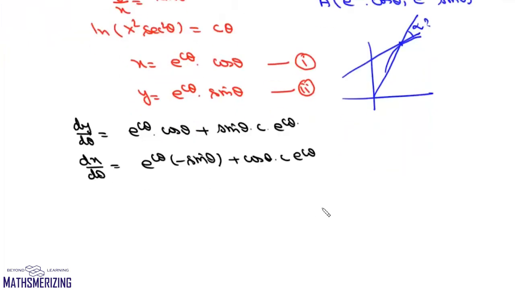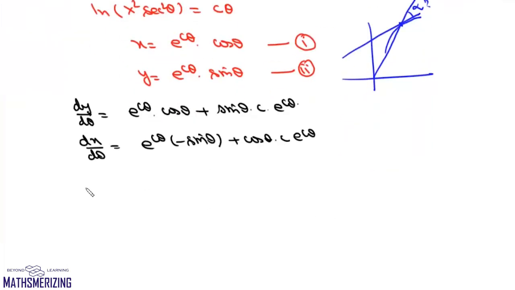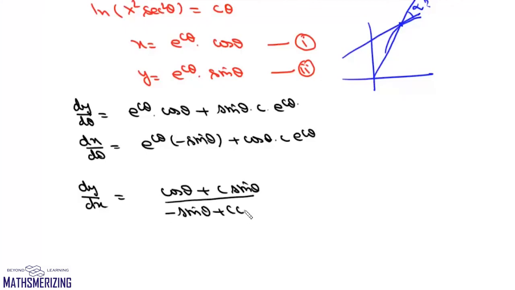Now we divide them, we can write dy by dx as (cos theta plus c sin theta) upon (minus sin theta plus c cos theta). So this is, say, m1.